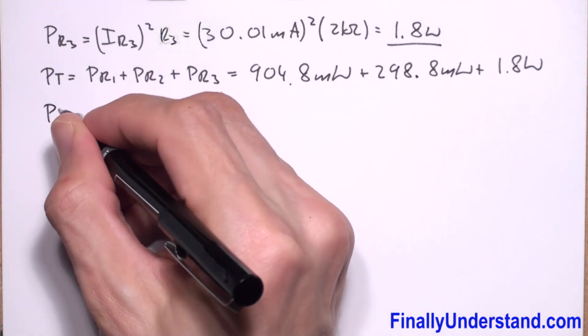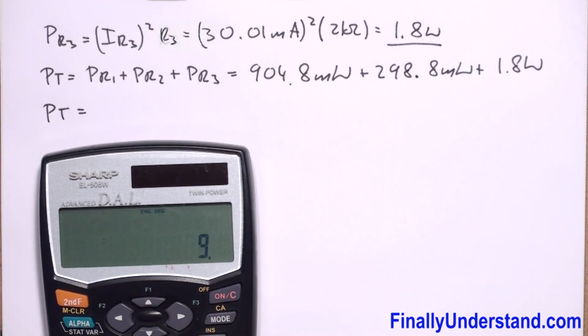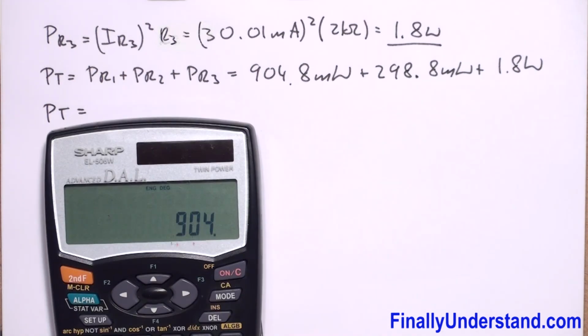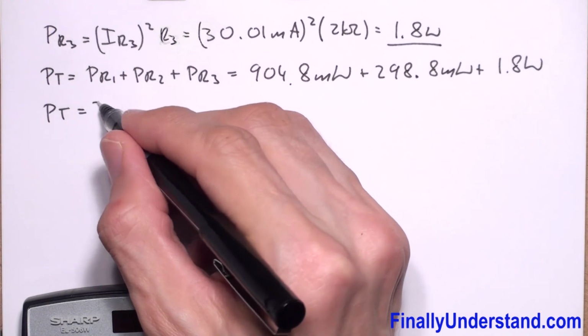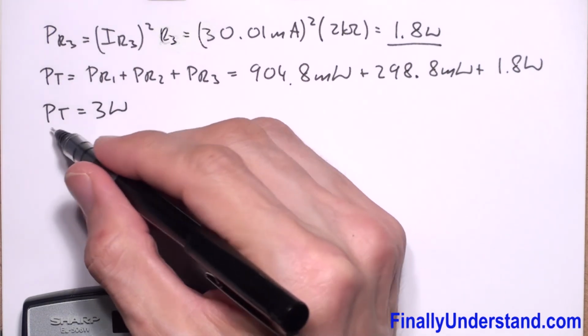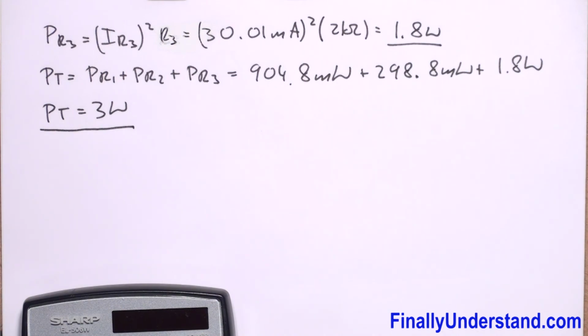So I have P total equals 904.8 exponent 3 negative plus 298.8 exponent 3 negative plus 1.8. This is equal 3 watts. This is my total power, and at this moment I can say that the problem is solved.